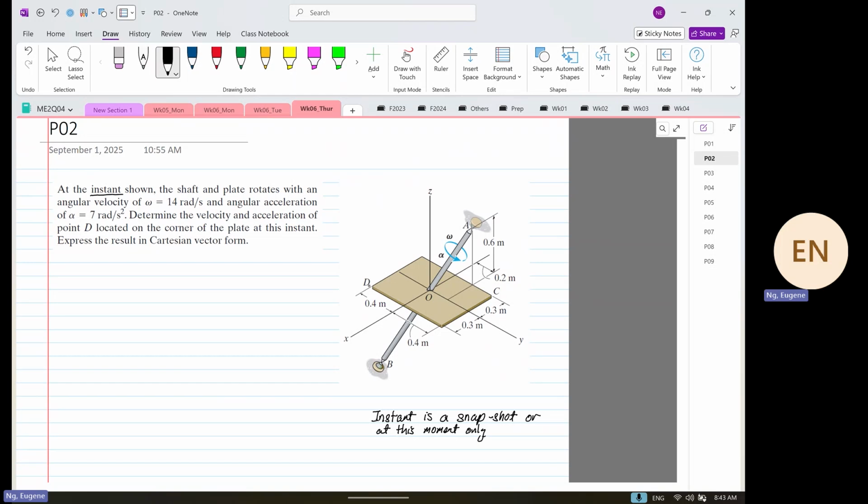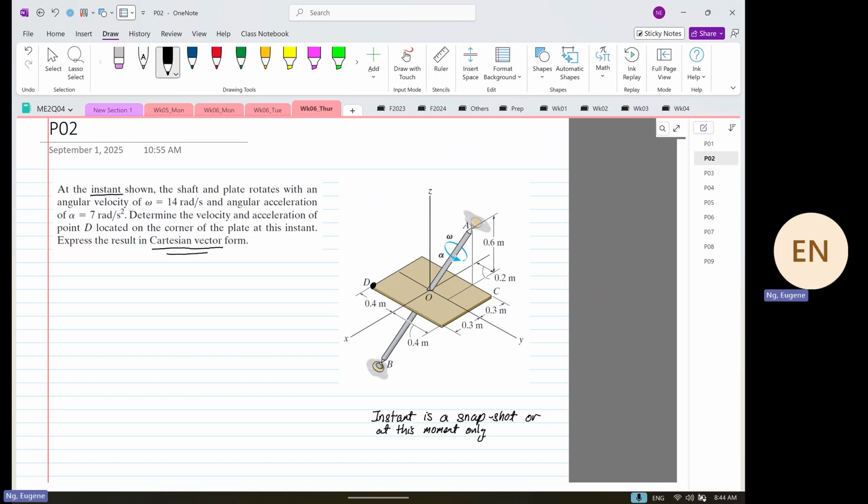So this is the point of interest, located at the corner of the plate at this instant. Express the result in Cartesian vector form.